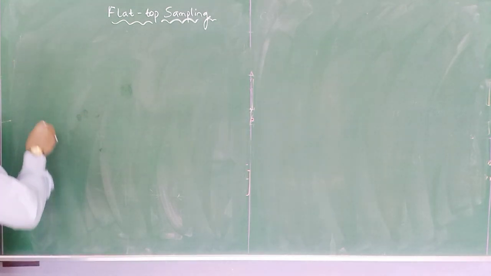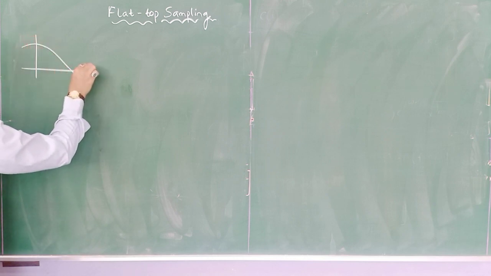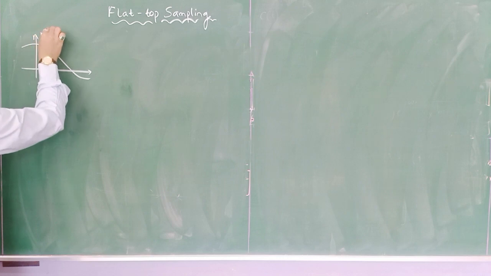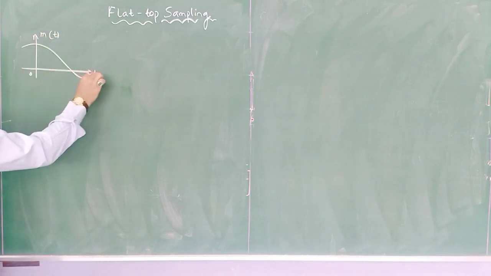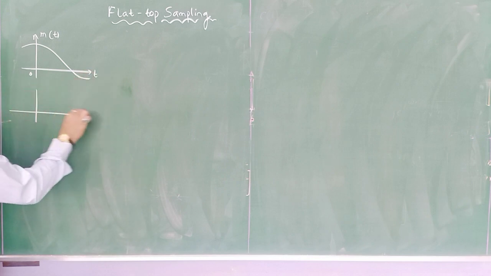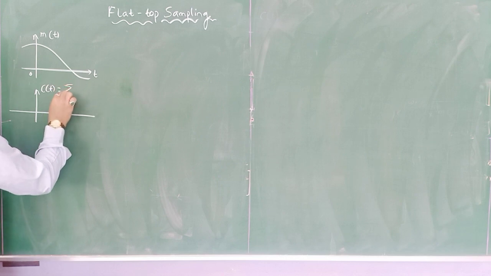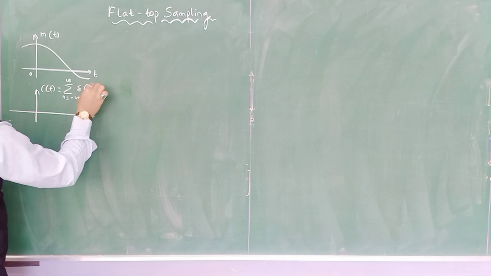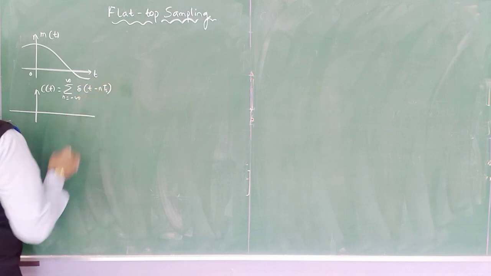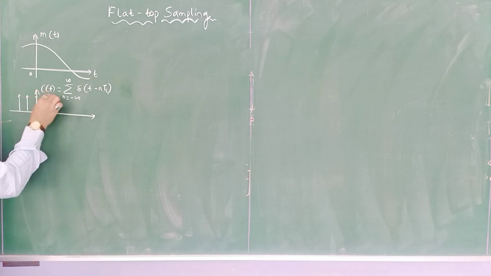Let's see. So first, let us consider the modulating signal or continuous time signal. Then to this, impulse train C of t is equal to the sum from minus infinity to infinity of delta of t minus nTs. Okay, so these are the pulses.